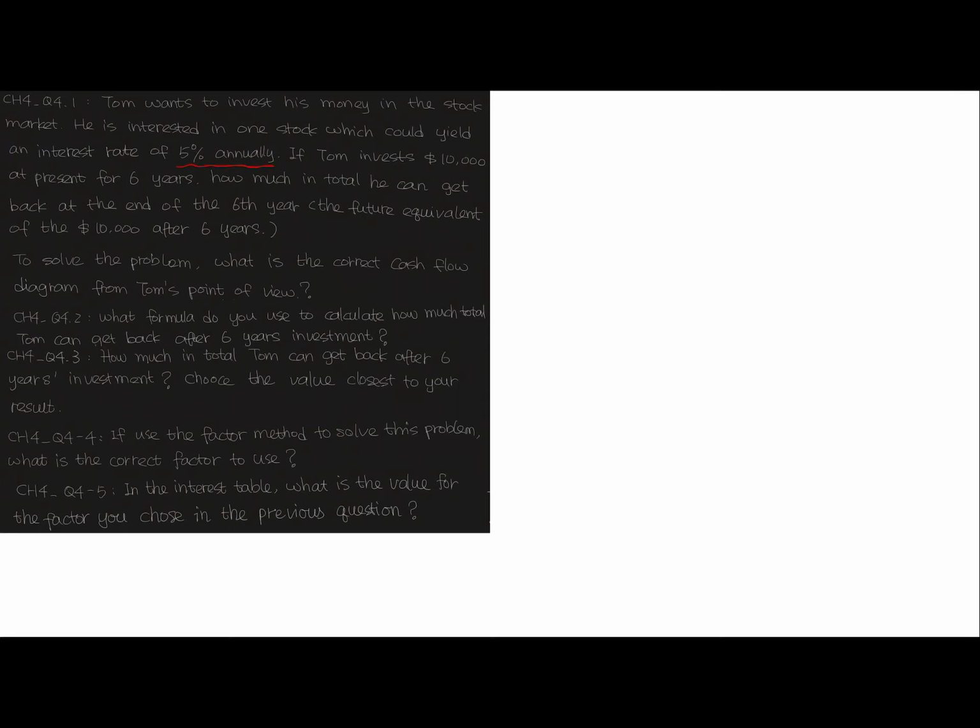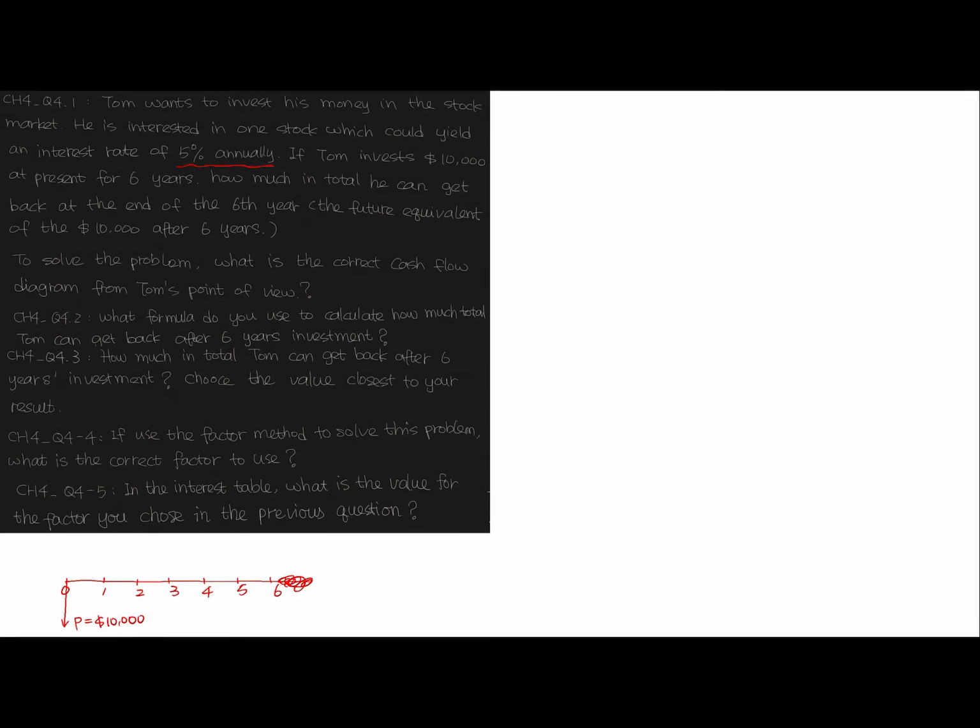So Tom spent 10,000 at time 0, okay? He spent 10,000, so that's going to be going downward. And it's P, right? And it's 10,000. And it says year 1, year 2, year 3, year 4, year 5, year 6, okay?